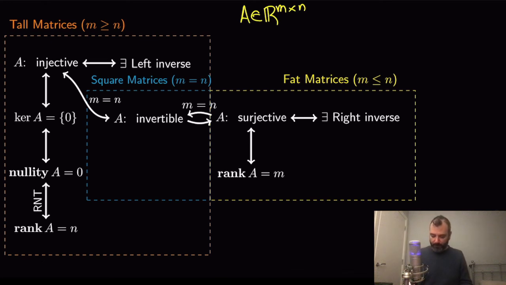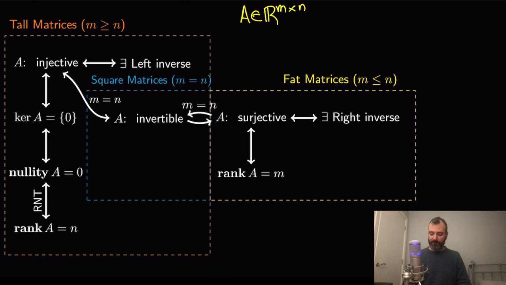In the middle, you see that A is invertible. A is invertible is the same thing as saying that A is surjective. When it comes to fat matrices, A being surjective is the same thing as the rank of A being equal to m. Okay, this is impossible to remember, I understand, but I want you to have a look and see how you can use it, really.